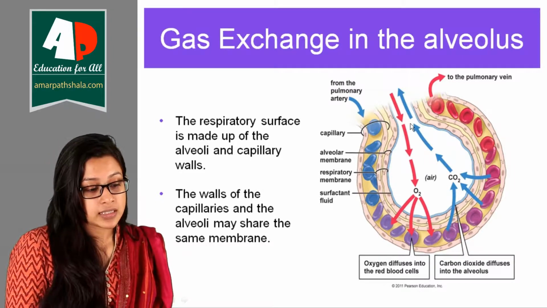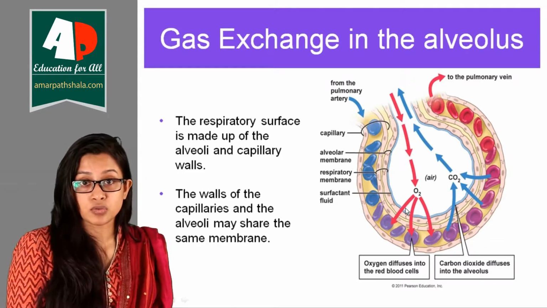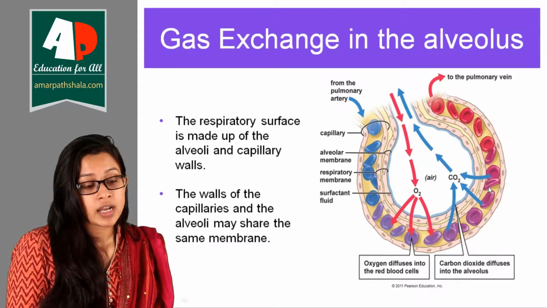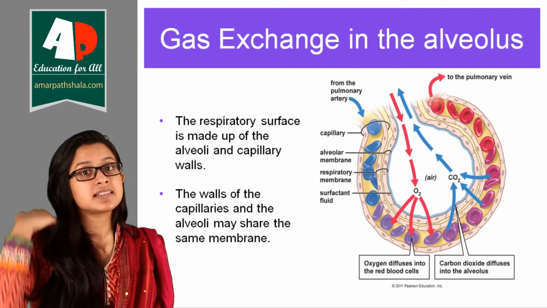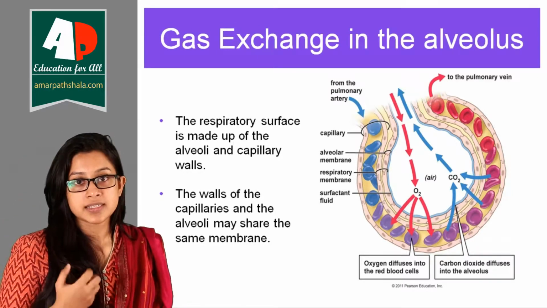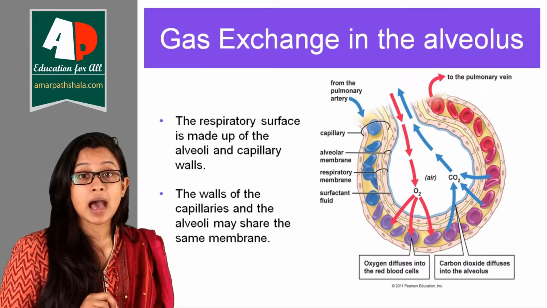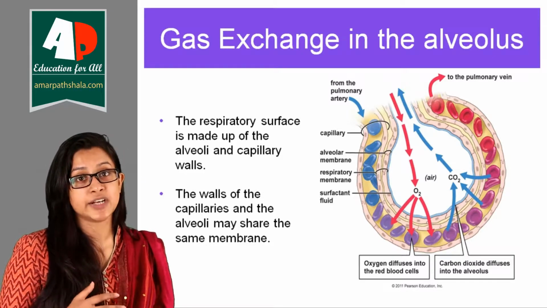And as a result, oxygen from the alveolus seeps into the blood cells that are surrounding it. And therefore, when oxygen is seeping in, something has to come out. Something that is in excess in the blood has to come out of the blood and into the alveolus, so that there is a space.